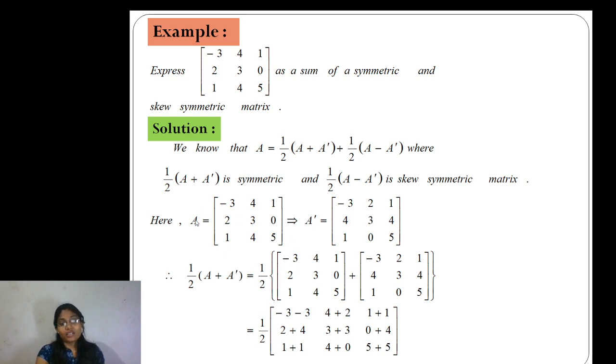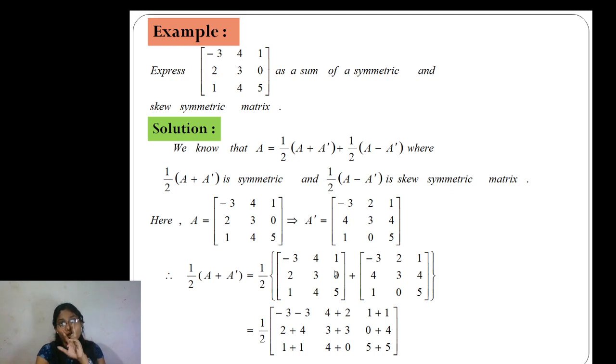Implies A transpose: we interchange rows and columns. The first row becomes the first column in A transpose. So minus 3, 4, 1 becomes the first column, and the second row 2, 3, 0 becomes the second column, and the third row 1, 4, 5 becomes the third column in A transpose. Therefore half into A plus A transpose equals half into A, meaning this matrix, plus A transpose, meaning this matrix.